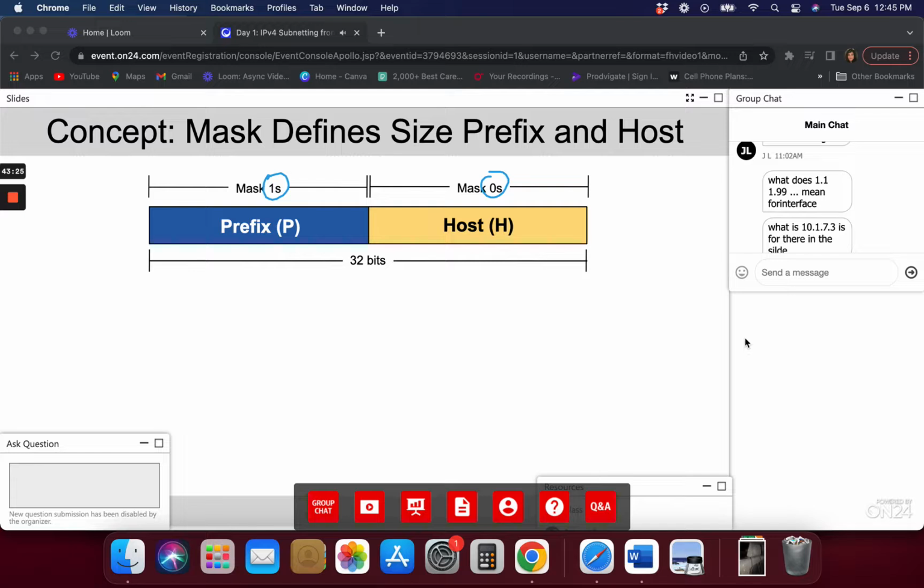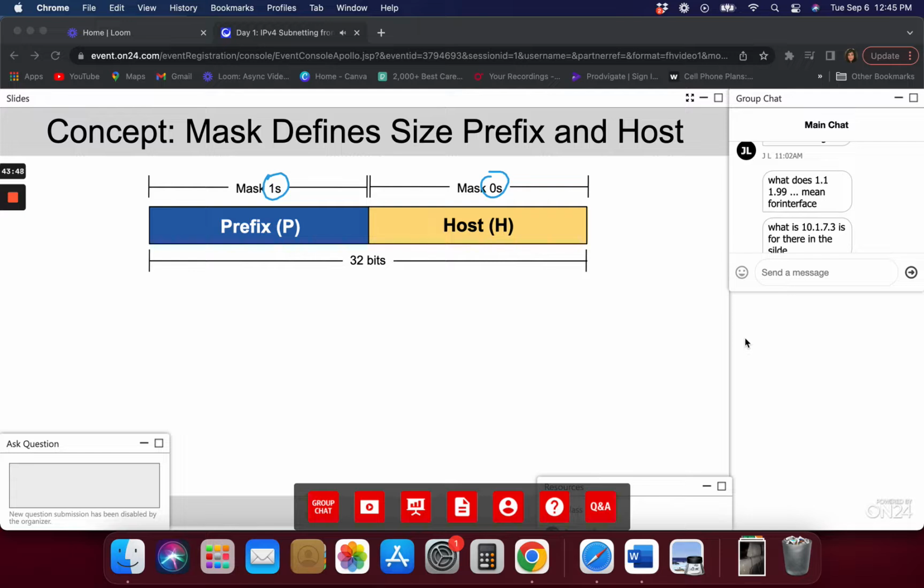All the 1s on the left dictate that in the subnet this mask is used with, those are the prefix bits, and the values of those bits must be identical in all the addresses. Host bits are the ones that can vary from address to address.